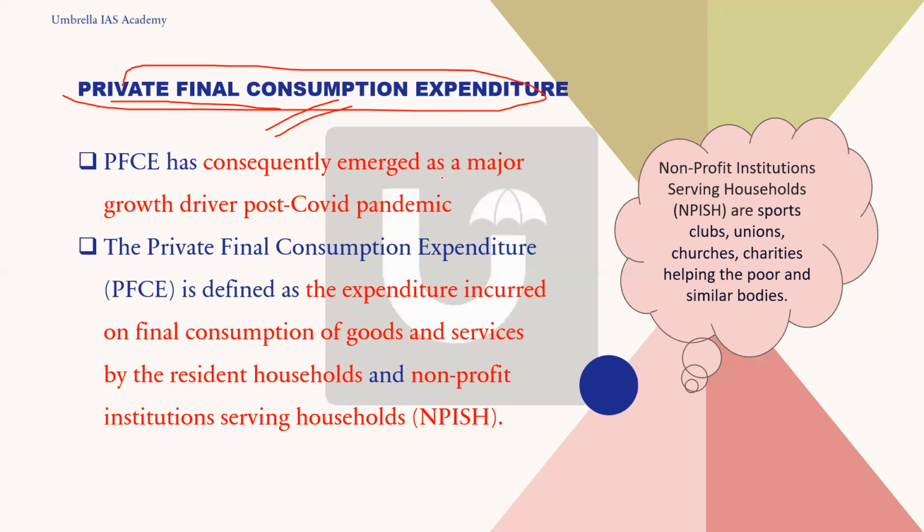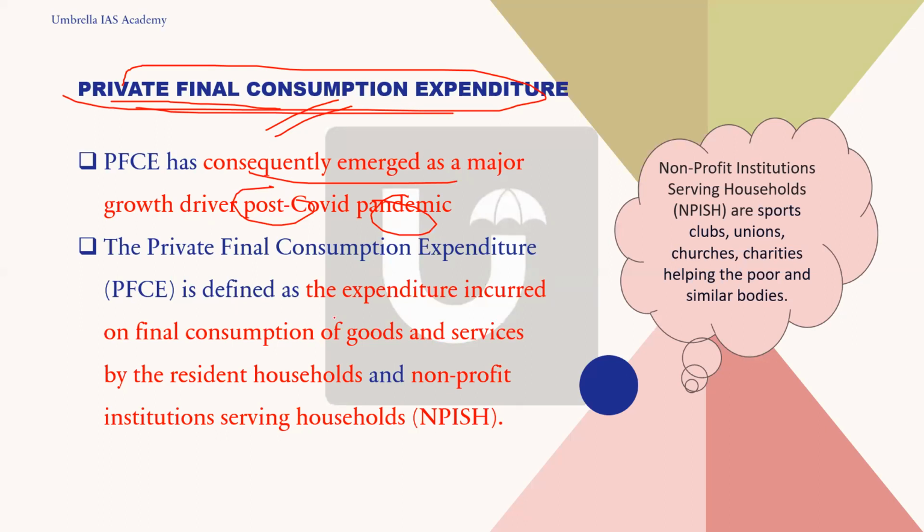So basically what happened is we are trying to spend more. We are buying vehicles or houses and all. So that has actually revived our economy a lot. That is called private financial consumption, which emerged as a major growth driver post the COVID pandemic. So if they ask you why, one word you have to use is private financial consumption expenditure.